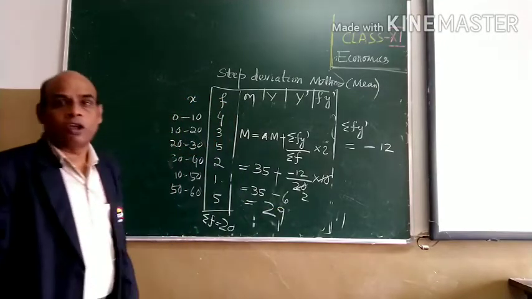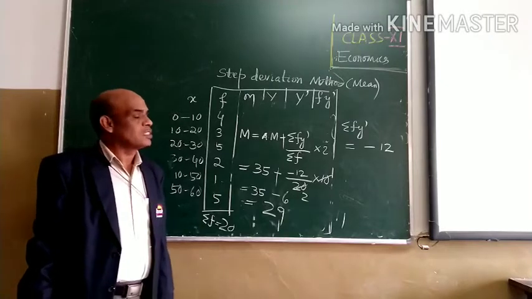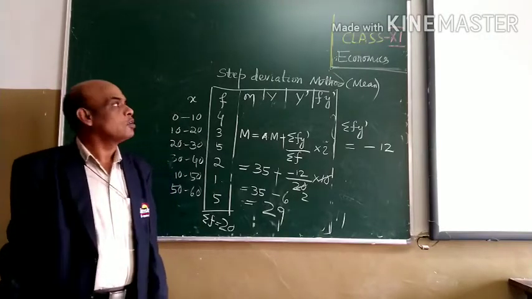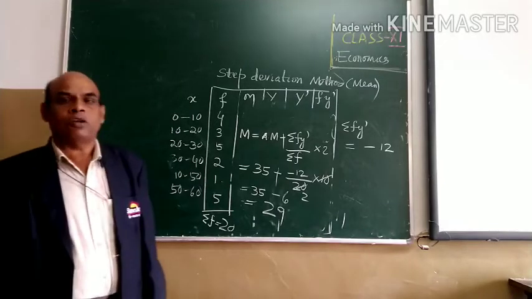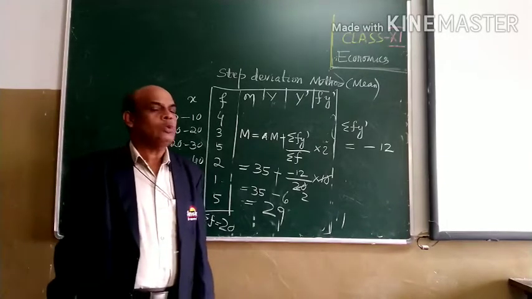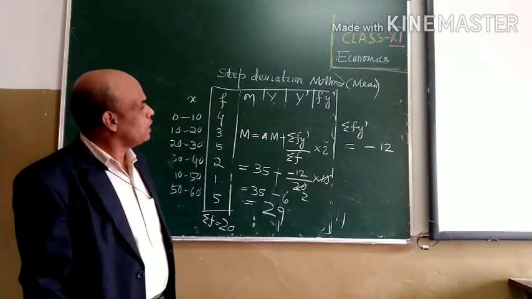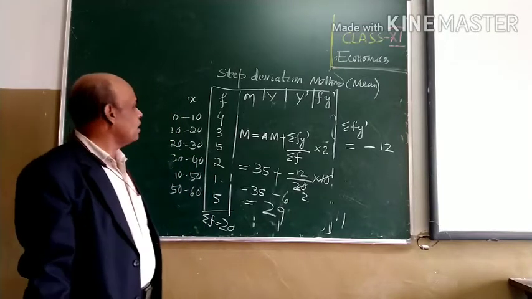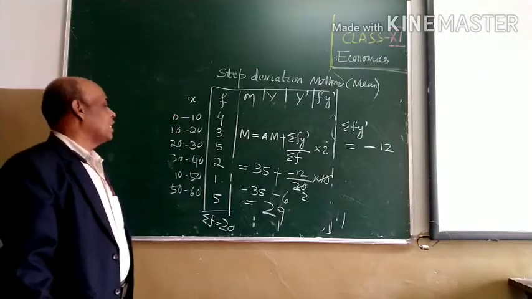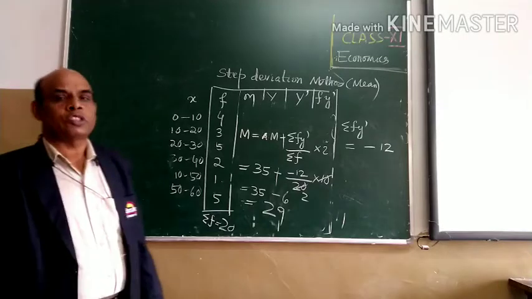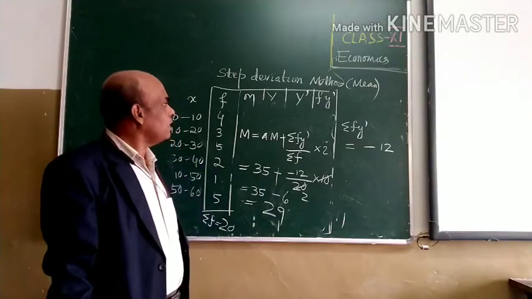So this method is known as the step deviation method. By using this, you can calculate the mean. So dear students, in order to find the mean of any class, any discrete data, otherwise any group data, we have already studied three formulas.